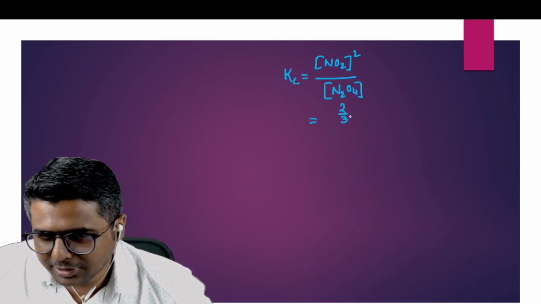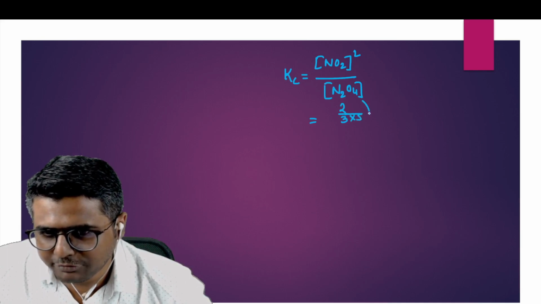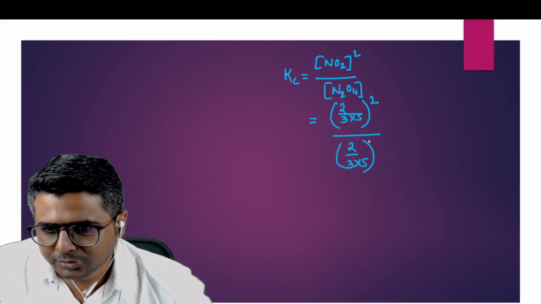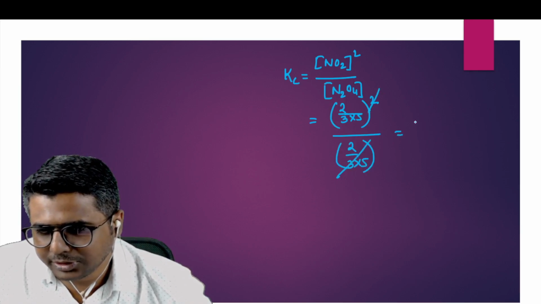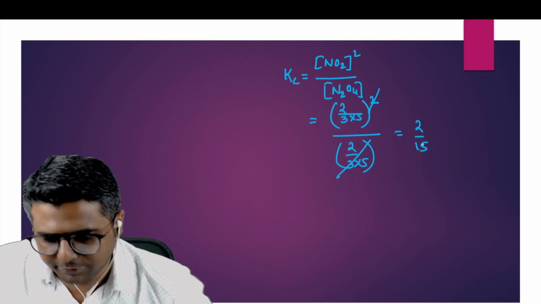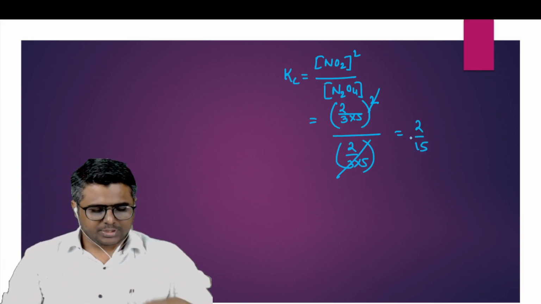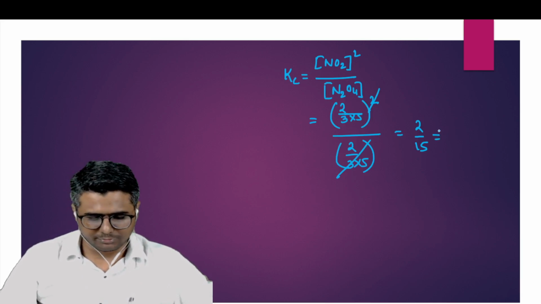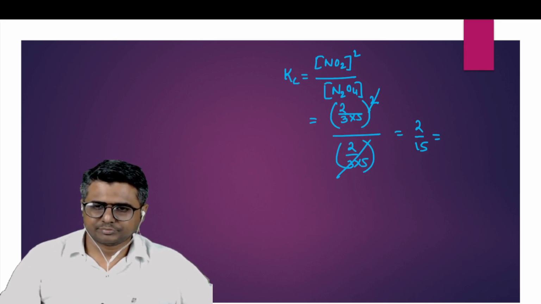So 2 by 3 into 5, that is 2 by 15, whole square. Here also 2 by 3 into 5. So one part cancels out, and this becomes 2 by 15. Whatever the answer, 2 by 15 will come out to be something like 0.1 something. So what is the option given over here? 0.133. That will be the answer.